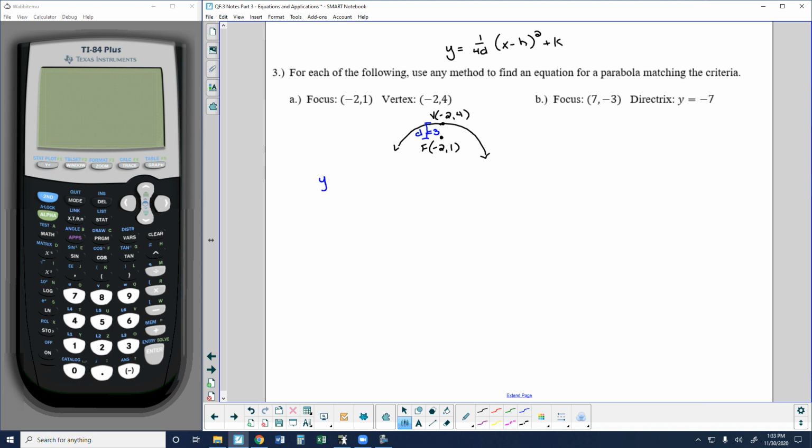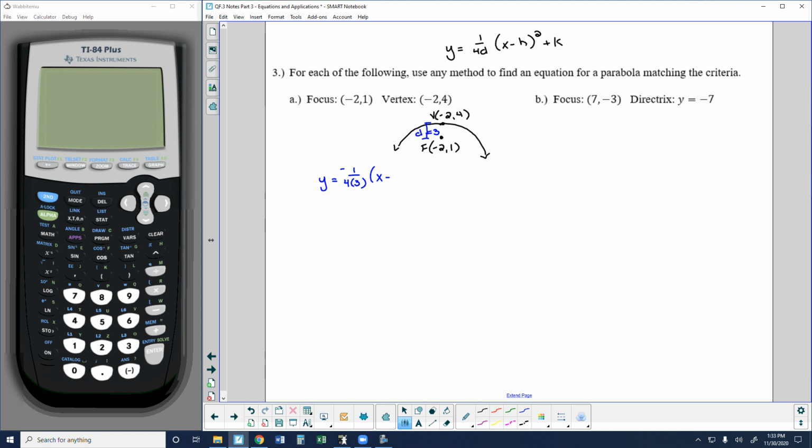So I'm going to go into that equation and substitute in 3 for d. One thing I also want to take care of is that this parabola opens down. This is a downward facing parabola, meaning that it's been reflected. So I need to put a negative in front of this equation to represent that reflection. Now I can continue to substitute. x minus h.